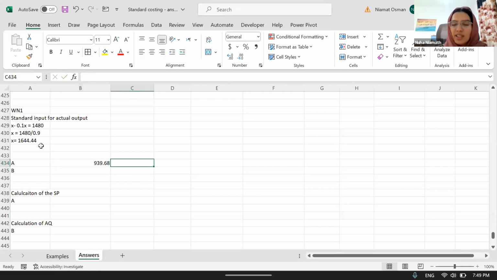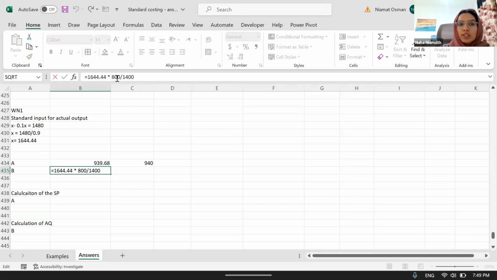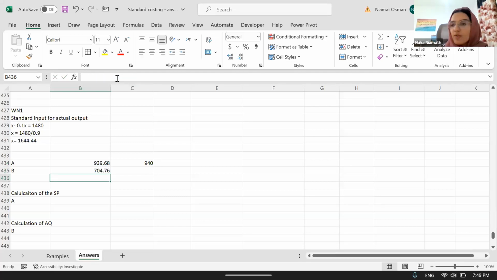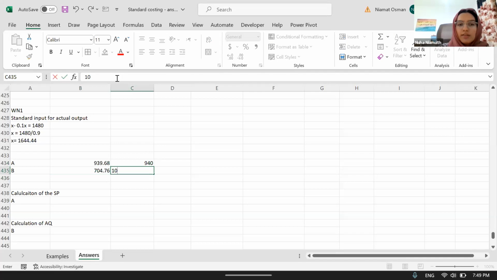Correct? So 939.68, we can keep it as 940, rounded off. And this will be what? Into 600 by 1400. It is coming to 704.76, which will be 705.